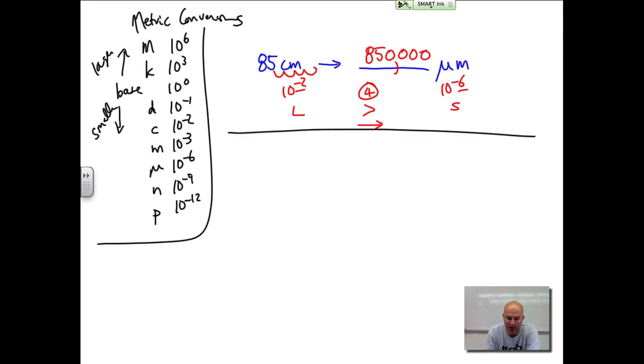Let's do another one since it's a practice problem. How about if I compare? If I want to compare, let's say, which one's larger? I have 129,506. Let's say it's, I don't know, how about watts?